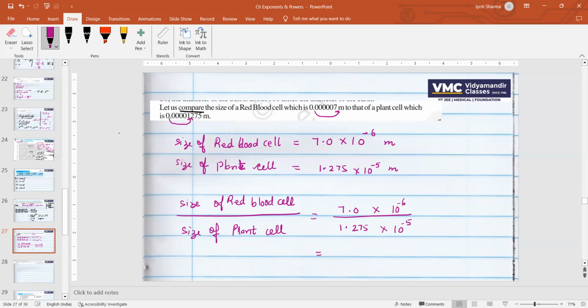Now I can see the power which is larger is in the denominator. So I'll send the 10 power to the numerator, as your book has done.